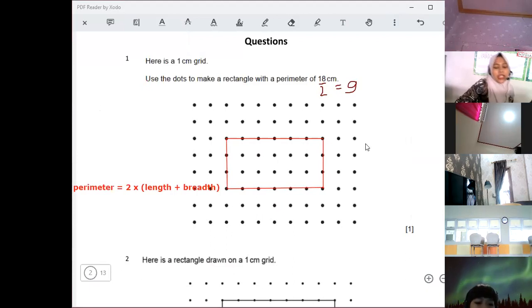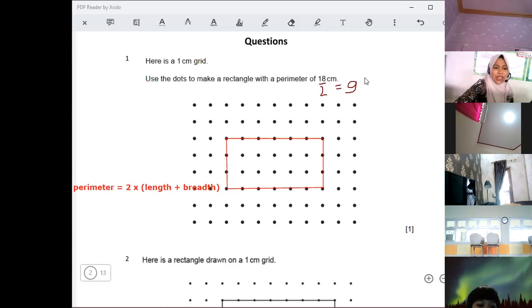Okay, later you can check whether this one is correct or not by counting like the number 2, 1. So 1, 2, 3, 4, 5, 6, 7, 8, 9. 9 plus 9 times 2 is 18. So it's correct, yeah. Okay, that's how for number 1.